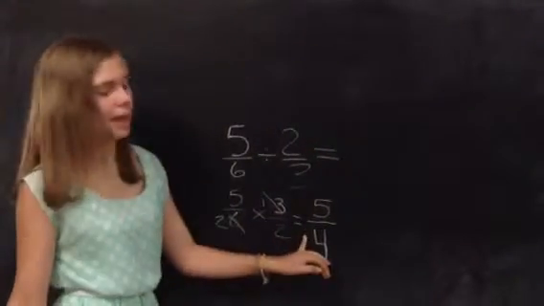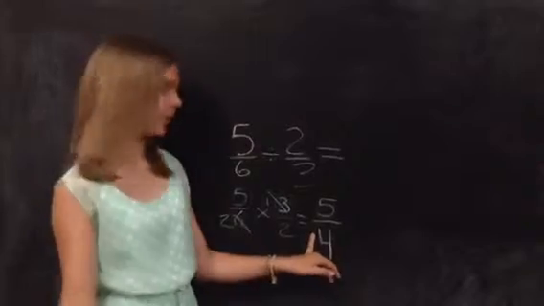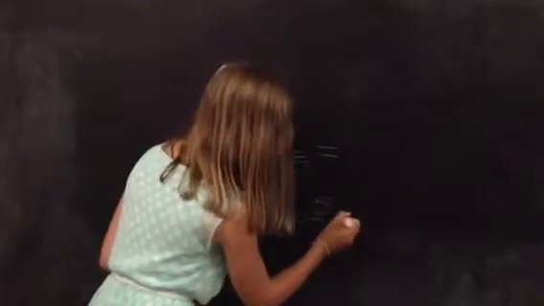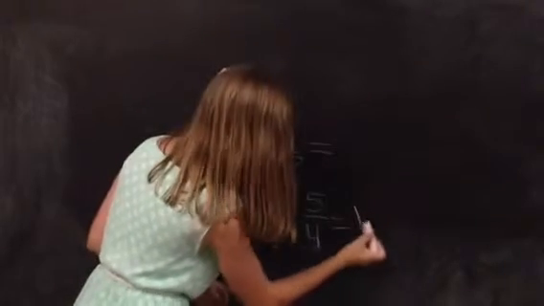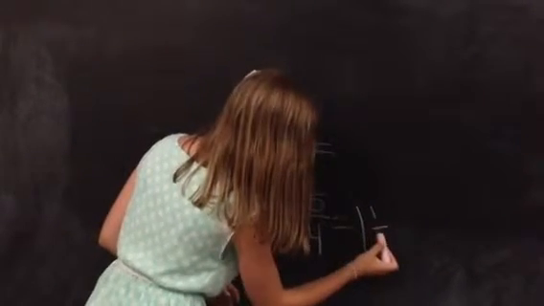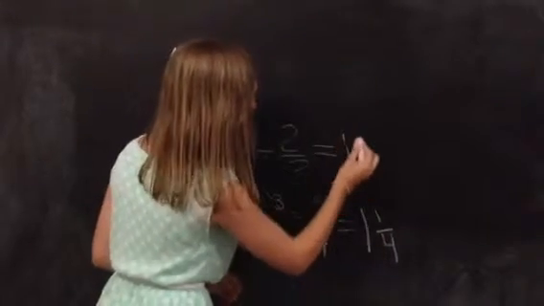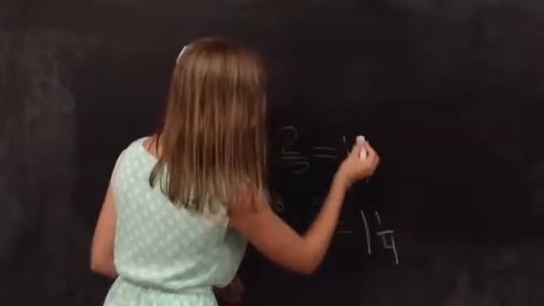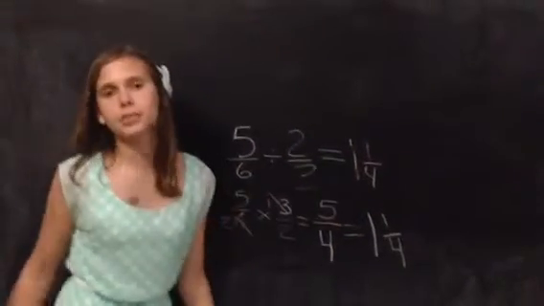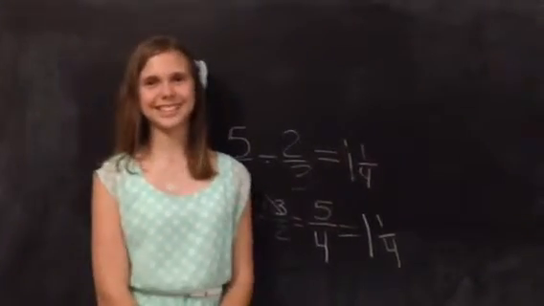So then you would have to convert it to a mixed number, which is, of course, 1 and 1/4. So your answer is 1 and 1/4. And that is how you divide fractions.